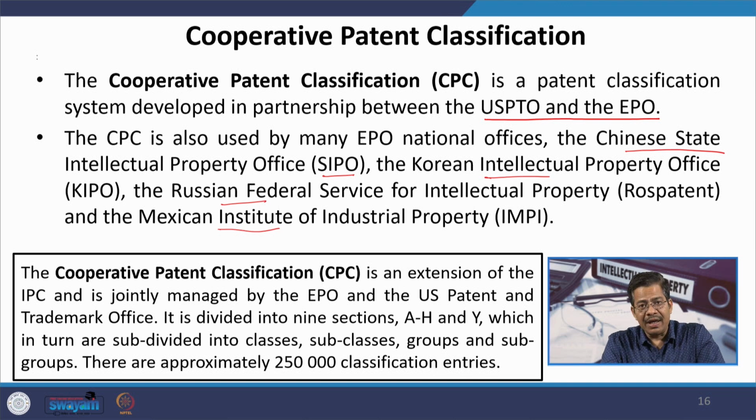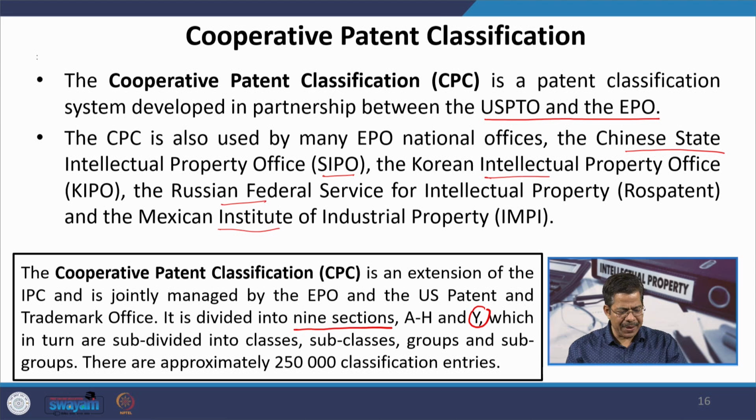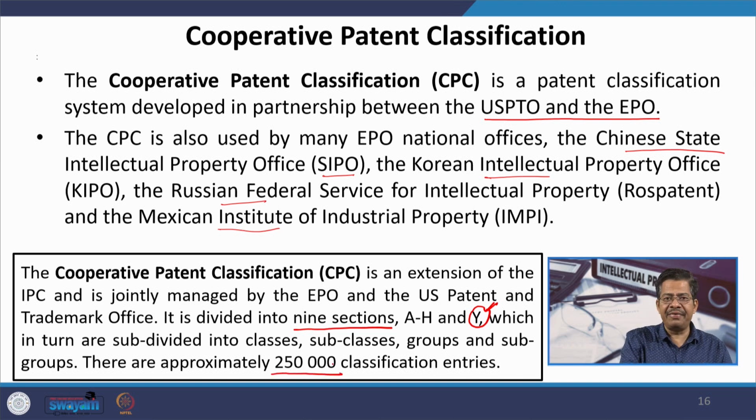Now, in CPC they have 9 sections. In IPC we discussed 8 sections. Here they have created one extra section, that is Y, and like our IPC, these sections are also divided into classes, subclasses, groups and subgroups. So, the main difference is the creation of a new section, Y, and therefore the total number of classification entries also increases in the case of CPC.